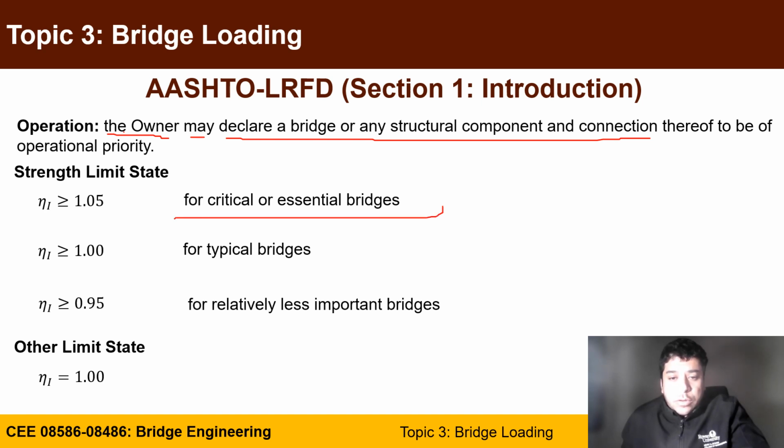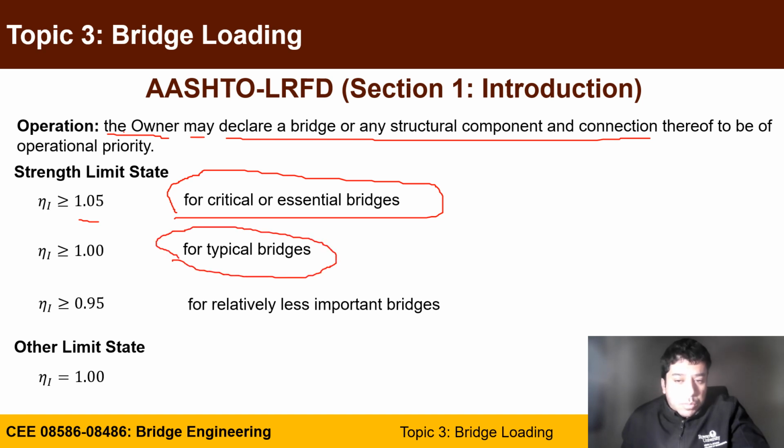If you have critical or essential bridges, you may have 5% extra when designing in terms of loading. If you have a typical bridge, you always use 1, or 100%, no increase or reduction. And if it's a less important bridge, you are allowed to reduce it by 5%. This is all for the strength limit state and not for others. For others, eta I is always 1.